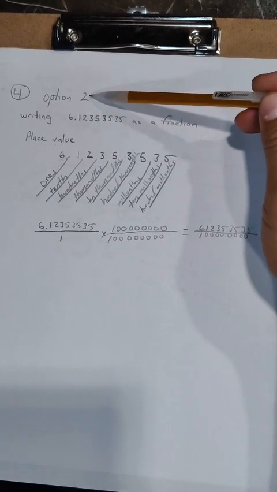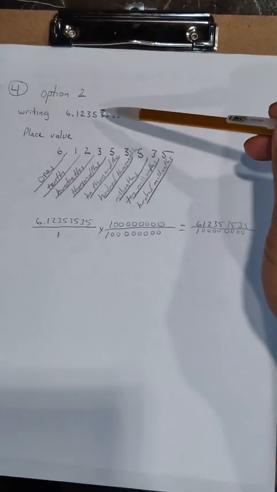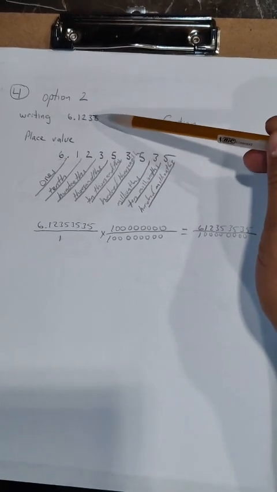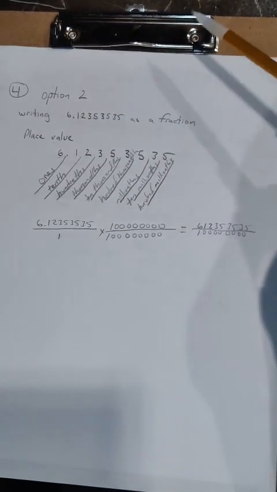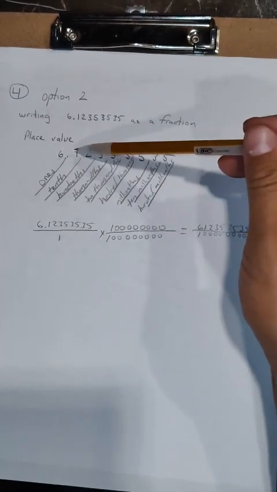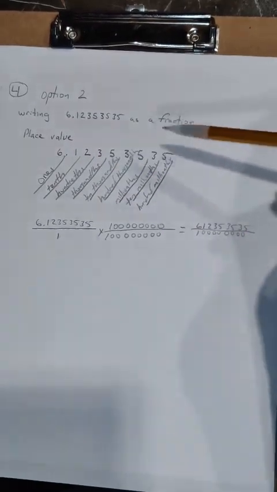Number 4, option number 2. In this one, I'm going to convert this decimal into a fraction, 6.12353535. In order to do that, I need to write the decimal and the place value of each of the digits.